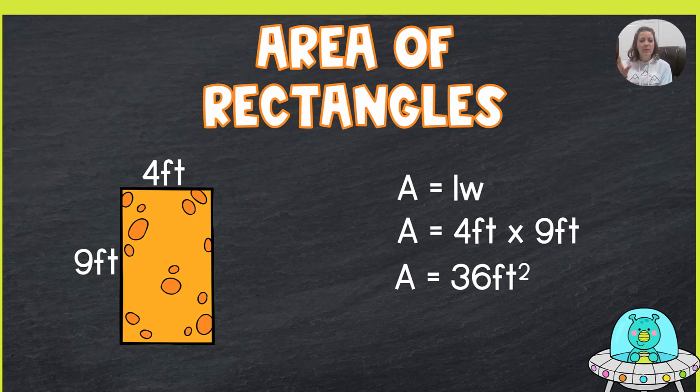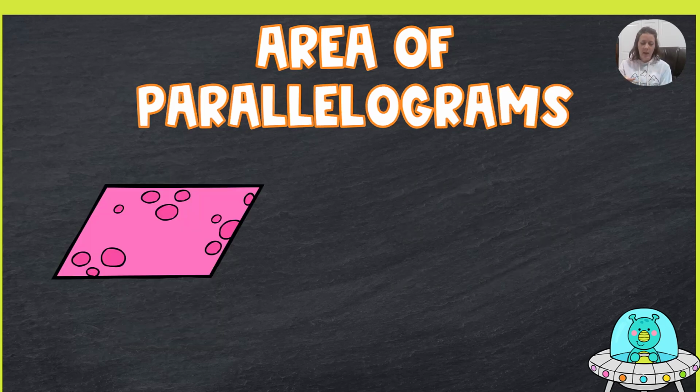Okay, now that we've refreshed our memory on how to find the area of a rectangle, we're going to use that information to help us figure out how to find the area of a parallelogram. Because while they are very similar, there is a difference between a rectangle and a parallelogram. So let's go ahead and take a look at a parallelogram. Here we go.